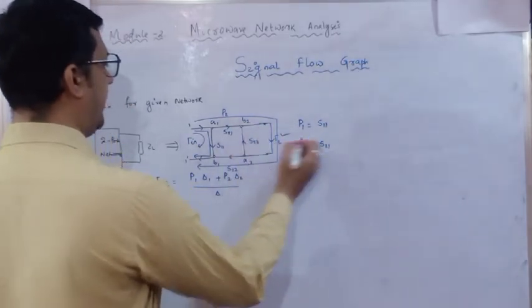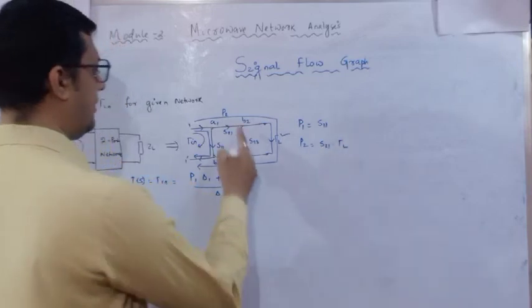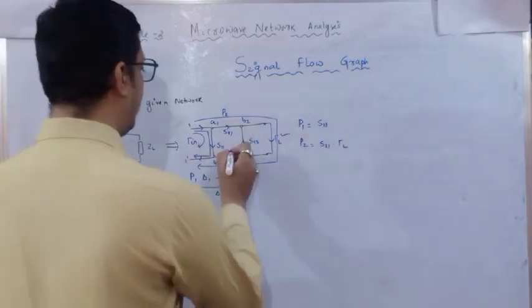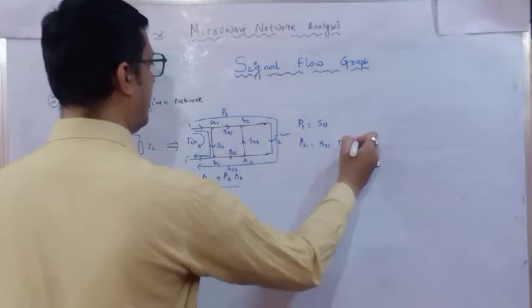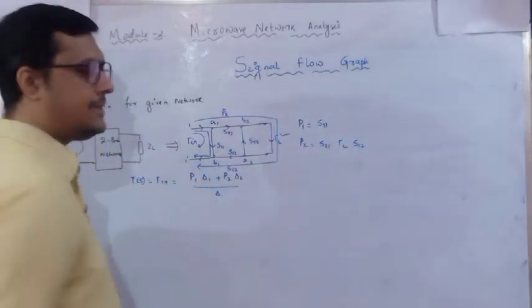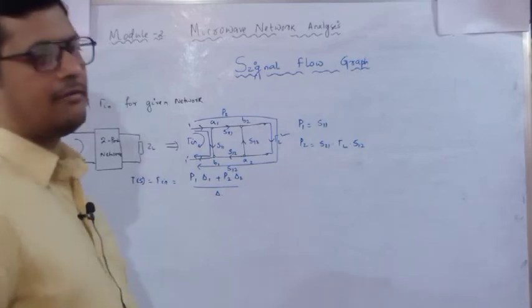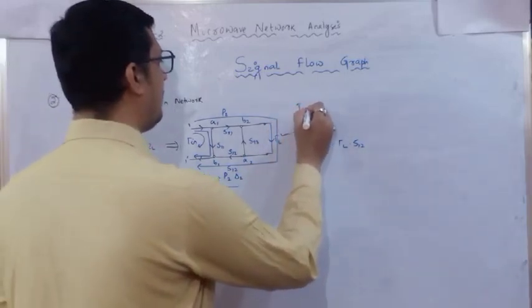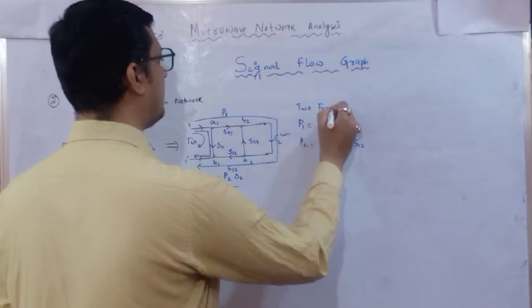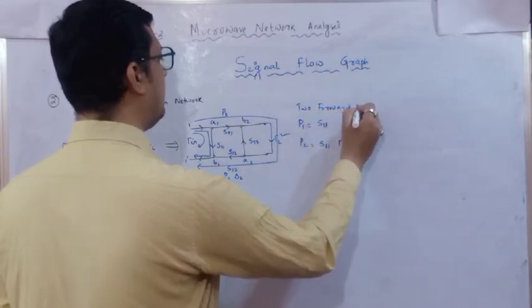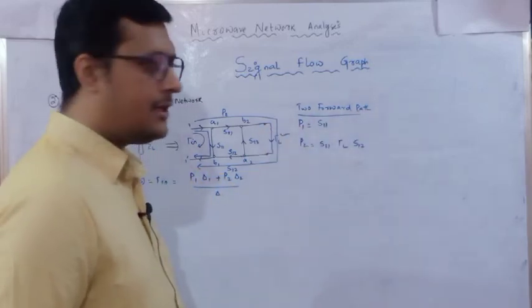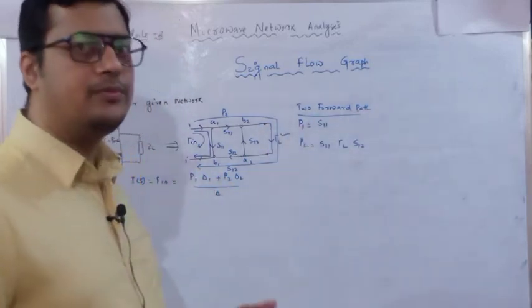Then from B2 to A2 we have the reflection coefficient, and then from A2 to B1 we have S12. So that means this is the path gain for the second one. Done. So there are two forward paths. Next we have to see how many loops are there.